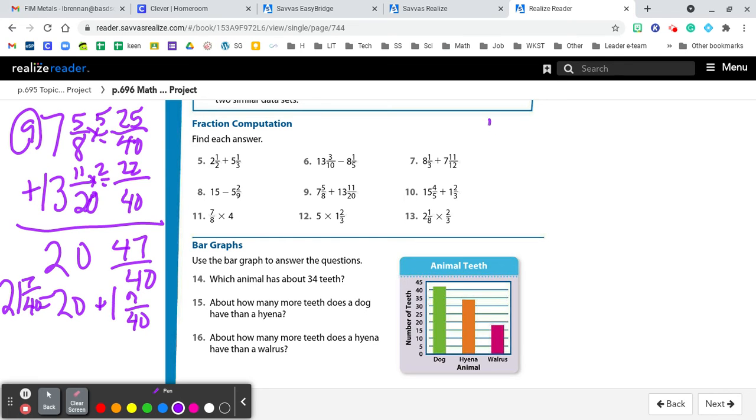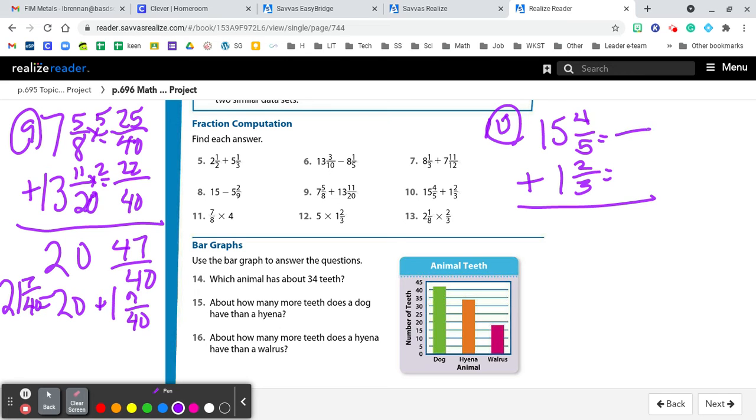Number 10, 15 and 4/5 plus 1 and 2/3. 5 and 3, common multiple, 10 and 12, add them together, 22 over 15, 16 and 22/15, and 22/15 will get me to 1 and 7/15.